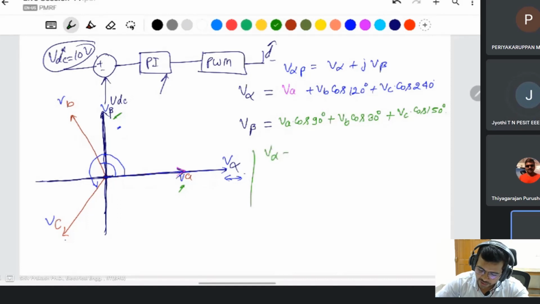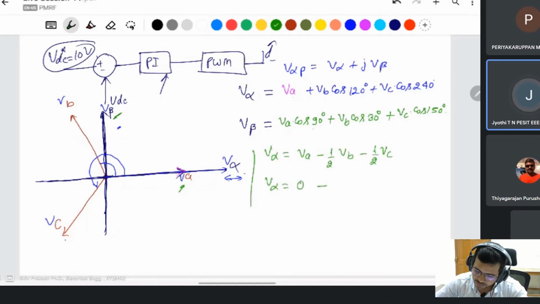And what is the value of V alpha? VA, same thing, VA, then cos 120 is minus 1 by 2 for VB, cos 240 is minus half for VC. For V beta, this will be 0 since cos 90 is 0, cos 30 is root 3 by 2 for VB, cos 150 is minus root 3 by 2 for VC.